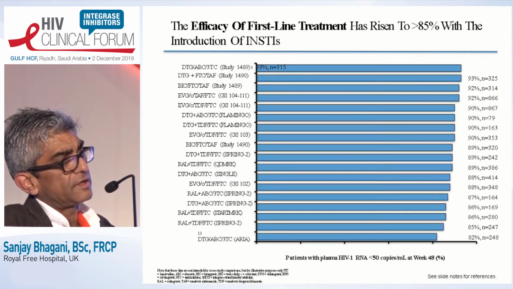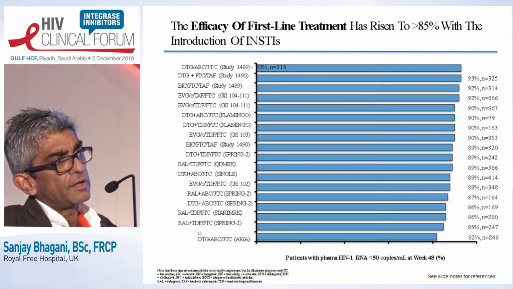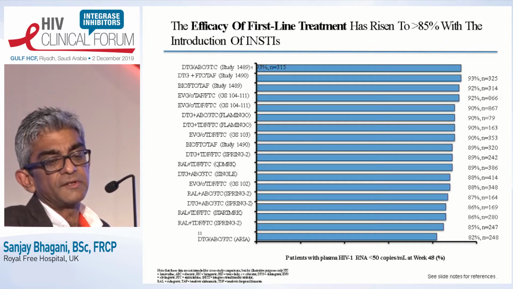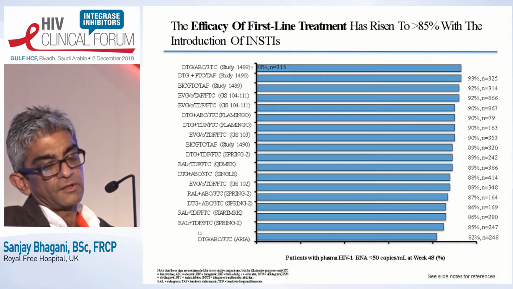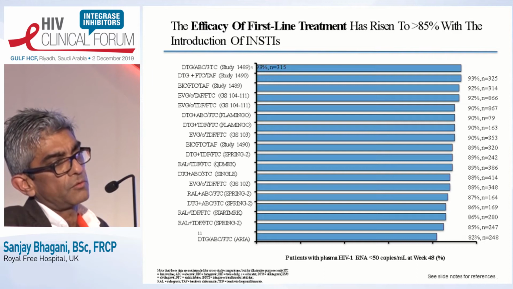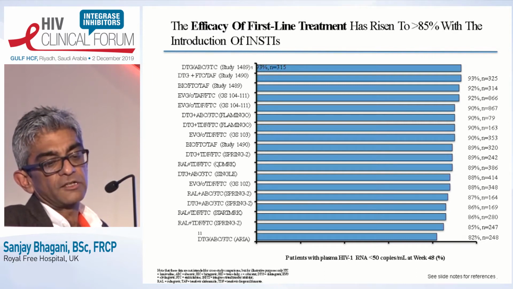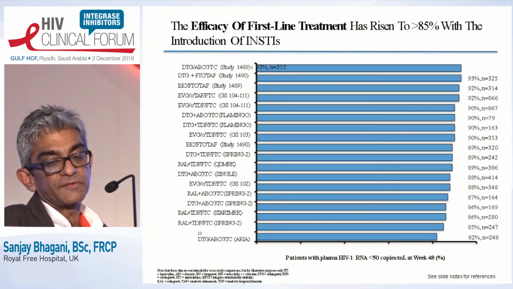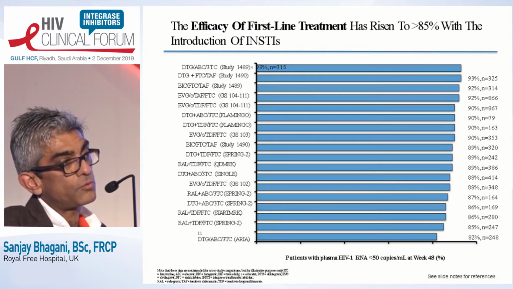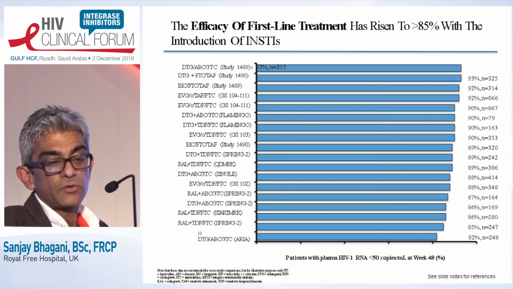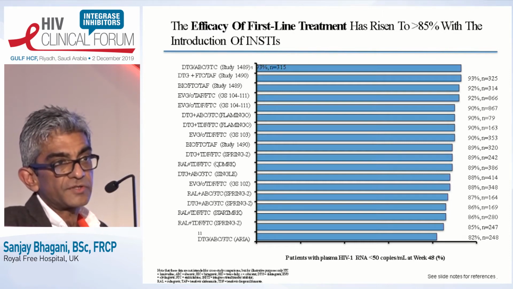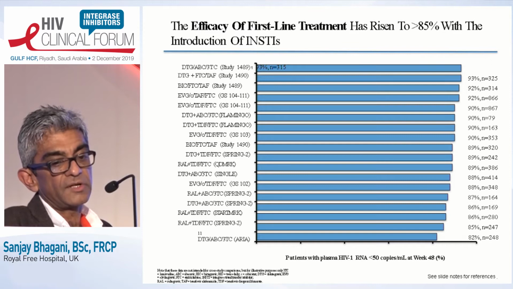So the other thing that's an attribute of INSTIs is the efficacy. This is a whole collection of studies that included integrase inhibitors in first-line treatment, and then you can see overall the rate of undetectability, in other words, patients getting to a viral load less than 40 or less than 50 by 48 weeks has gone up since we started using integrase inhibitors.